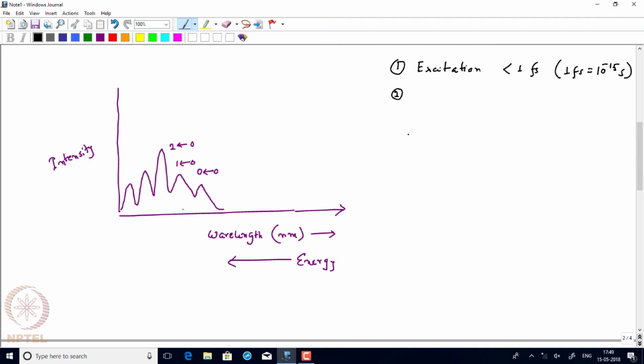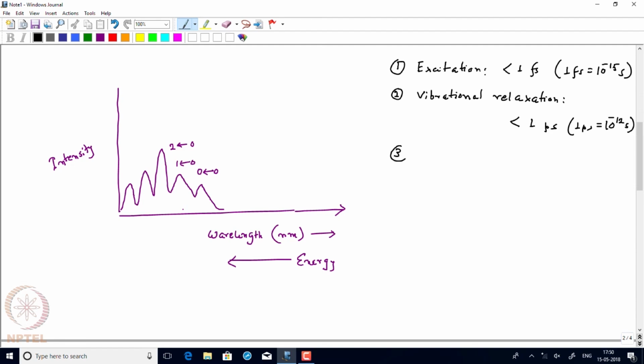So this is the electronic spectrum, which falls in the UV visible range, and then there will be vibrational relaxation, which usually completes within, say, 1 to 10 picoseconds, and it is extremely fast. Again, 1 picosecond is 10 to the power minus 12 second.